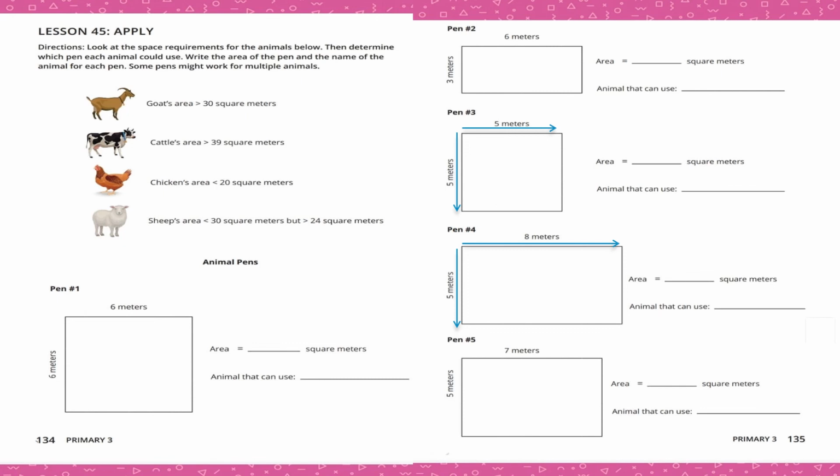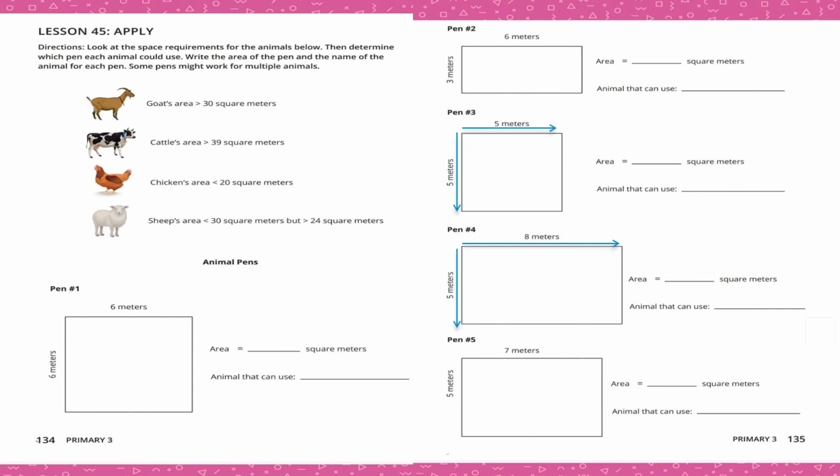And this cattle's area greater than 39 square meters. Chicken's area smaller than 20 square meters. And the last one, sheep's area is smaller than 30 square meters, but it's greater than 24. So it will be between 24 and 30.